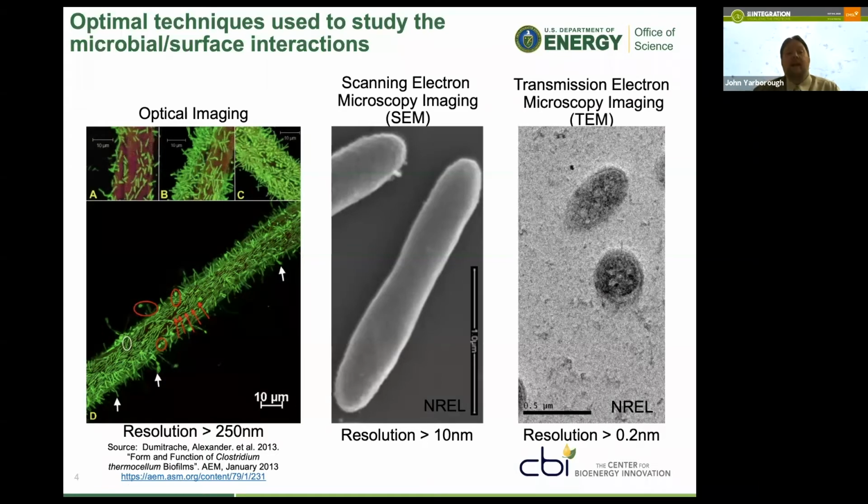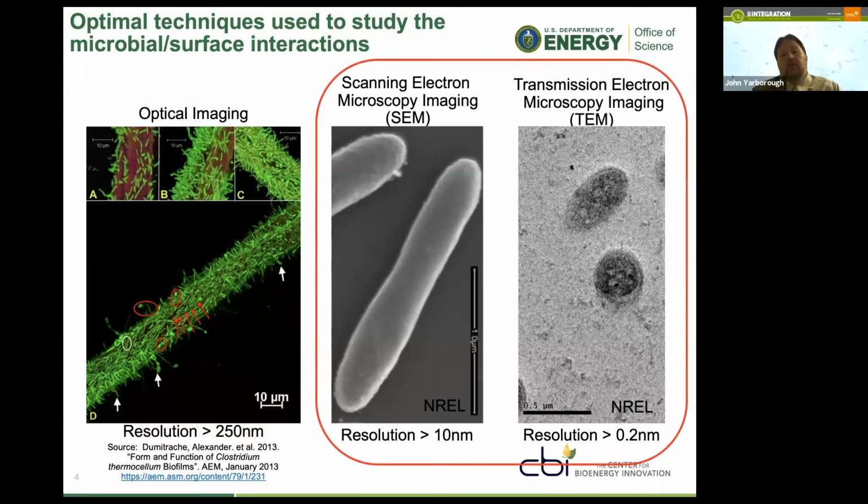The issue we have is that with these electron microscopy techniques, there is a significant amount of sample prep involved. You take the bacterial cells out of their natural environment, and you subject them to sample prep, dehydration, and embedding just to be able to do that.